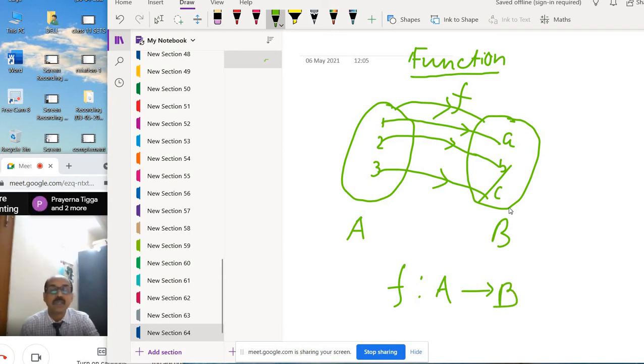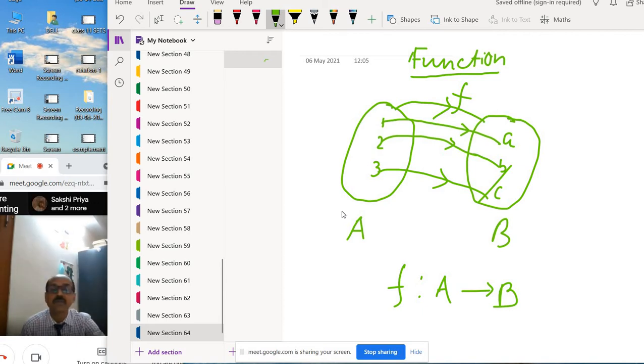So B is called the image set, and A is called the pre-image. First set is A, second set is B.